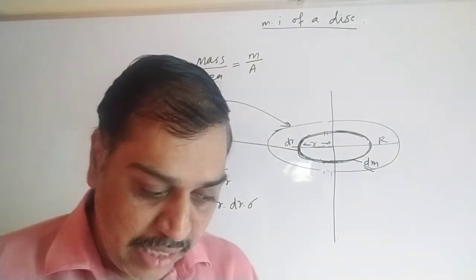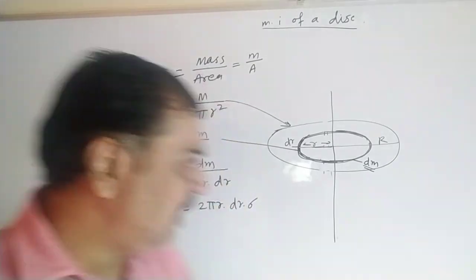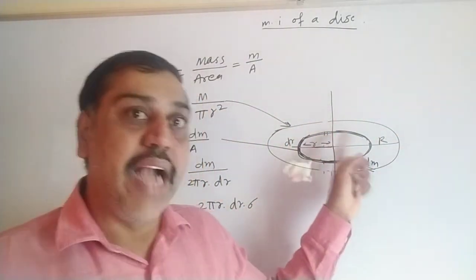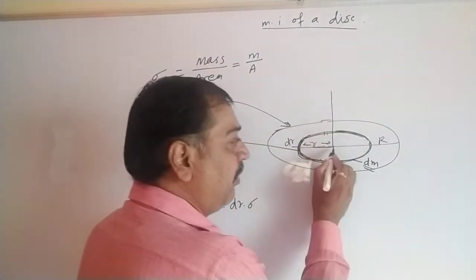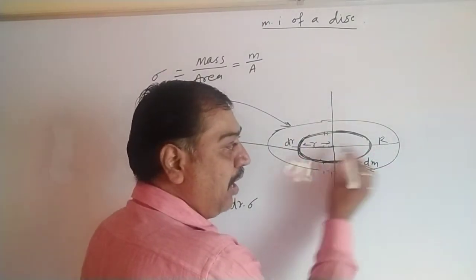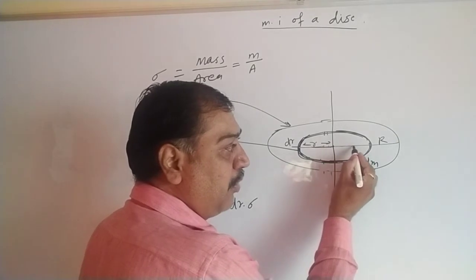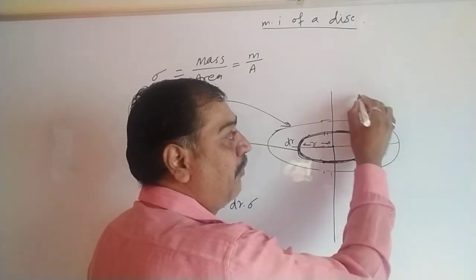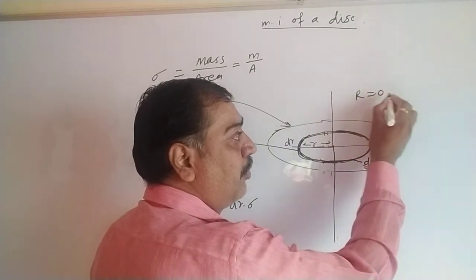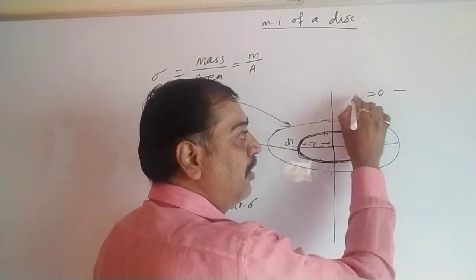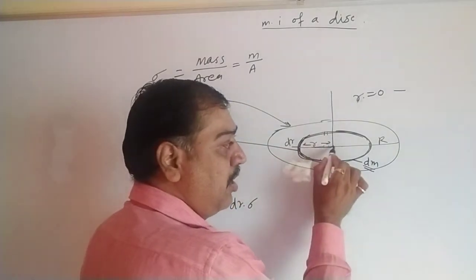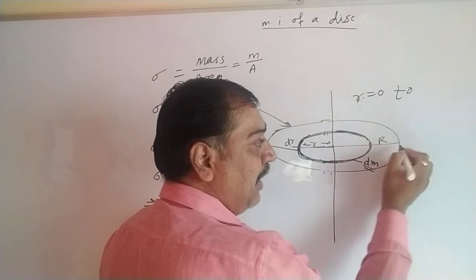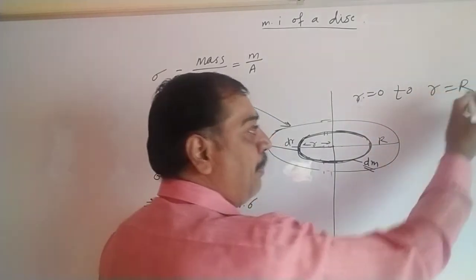Now this whole disk consists of small inner disks, and the radius varies from 0, 1, 2, 3, and so on up to capital R. So this r varies from 0 to small r, because this small r varies from r equal to 0 at the center to r equal to capital R at the end.